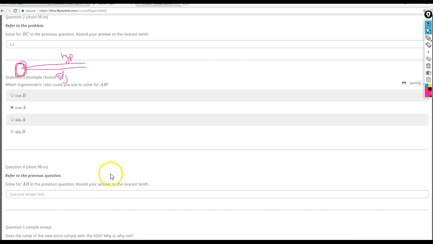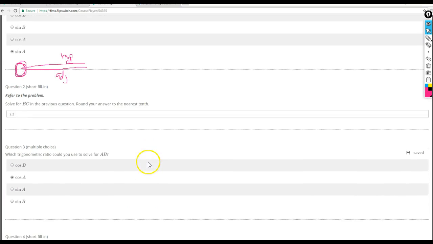Solve for AB in the previous question. So we're going to set it up similarly. Cosine of A is going to equal side length AB, because that's the adjacent side, divided by side length AC, because that is our hypotenuse.